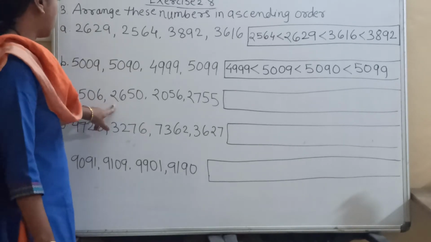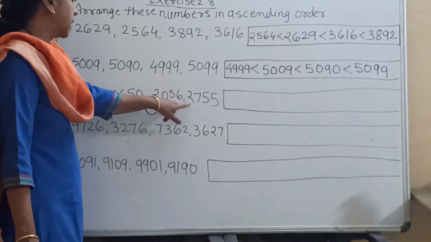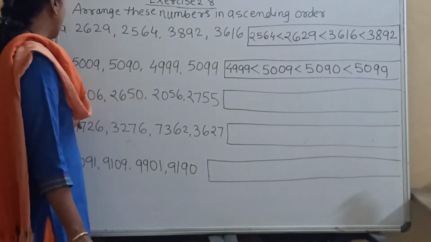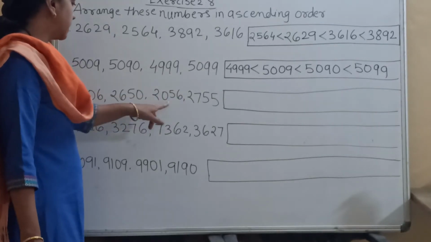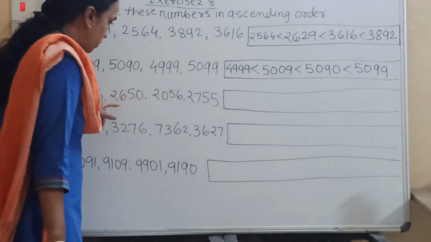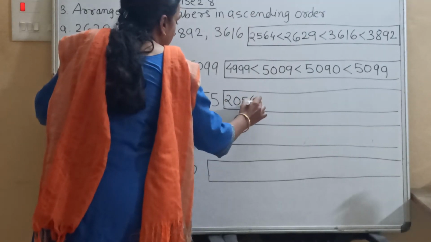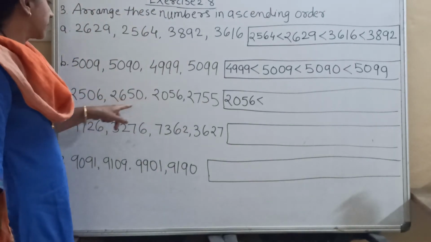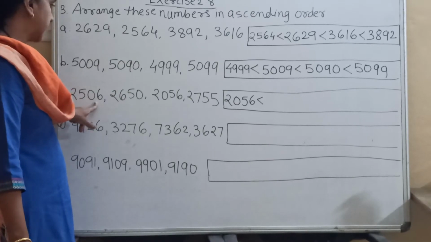Now see next question. 2506, 2650, 2056, 2755. So among these numbers, 2056 is the smaller number. So you write down 2056 here. Then bigger than this number is 2506.